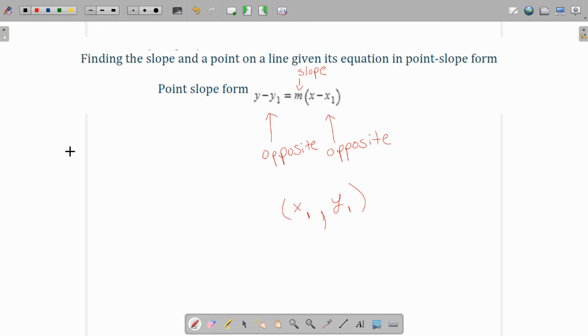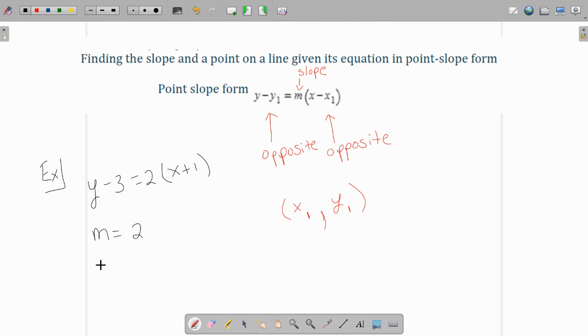And we'll look at some examples, but I'll give you a quick example. If you have y minus 3 equals 2 times x plus 1. Sorry, writing that on an angle. Your slope is 2.